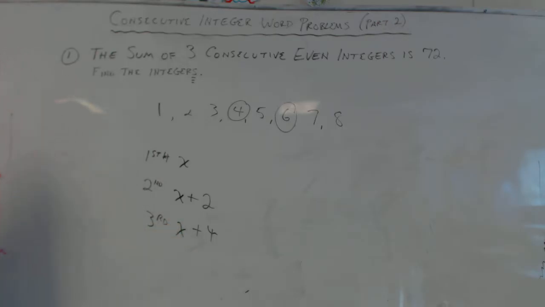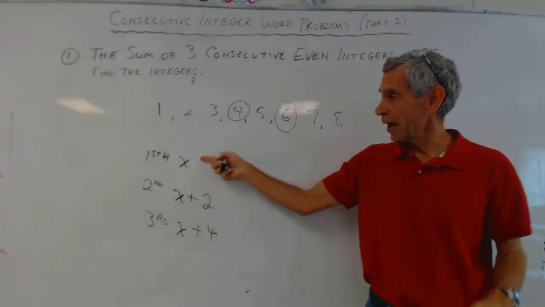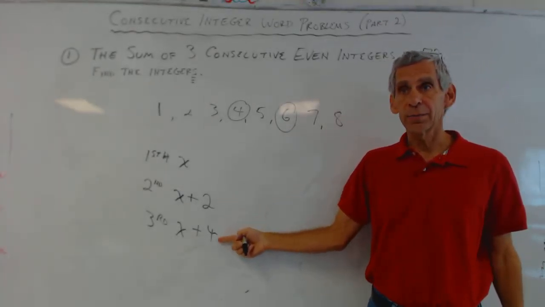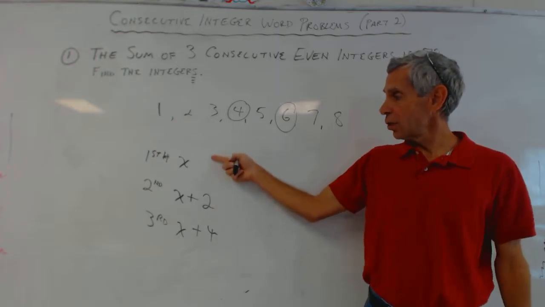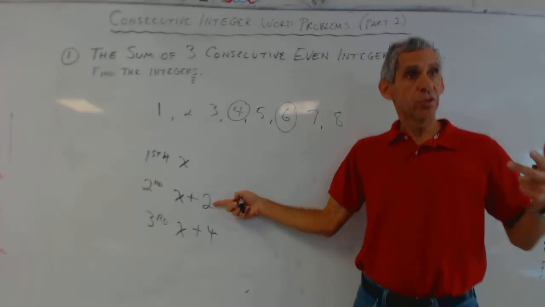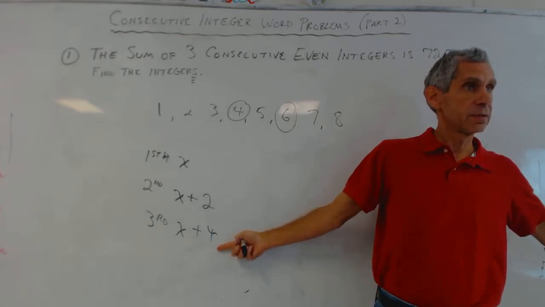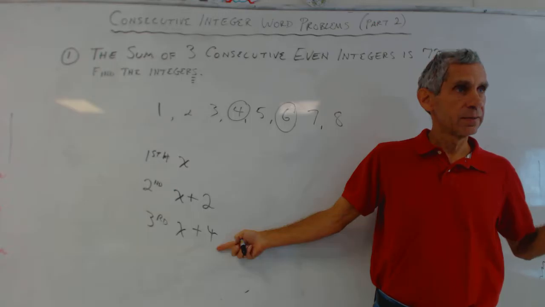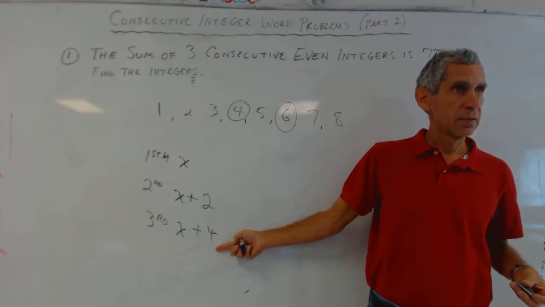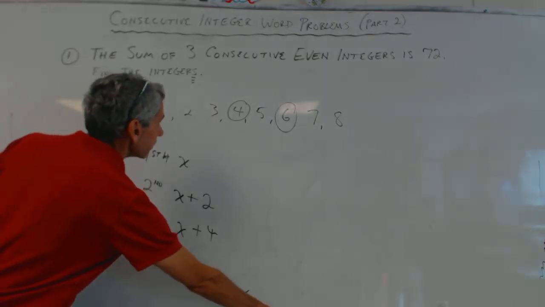Does that make sense? It's just like what we did yesterday, only instead of x plus 1 and x plus 2, we have to go 2 over to the next even, right? x plus 2 to get to the next even, and then x plus 4 to get to the next even. Does that make sense? You guys see that? Am I losing you guys?